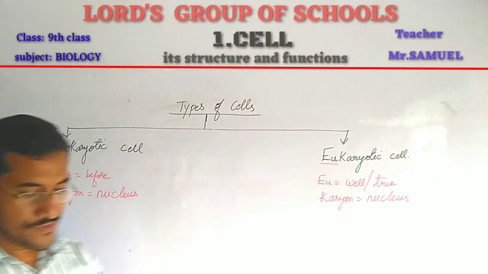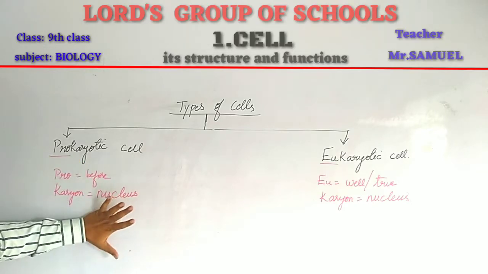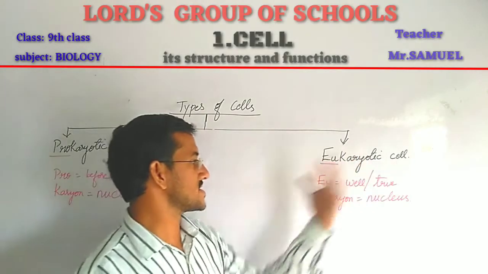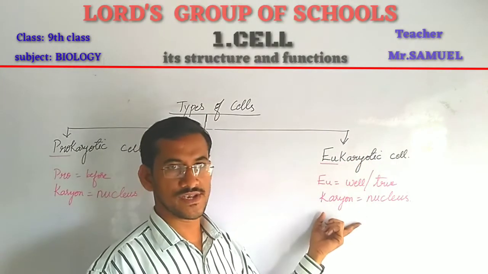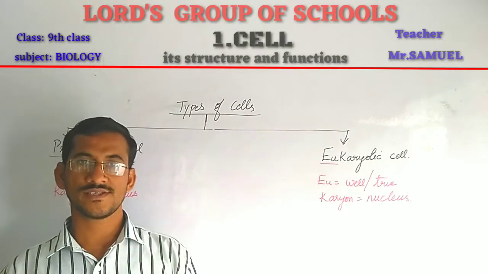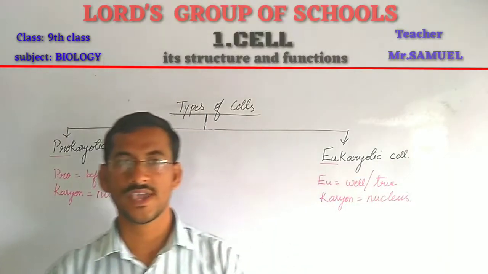So in case of prokaryotes, nucleus is not present, and in eukaryotic cell, a true or well-defined, well-organized nucleus is present.